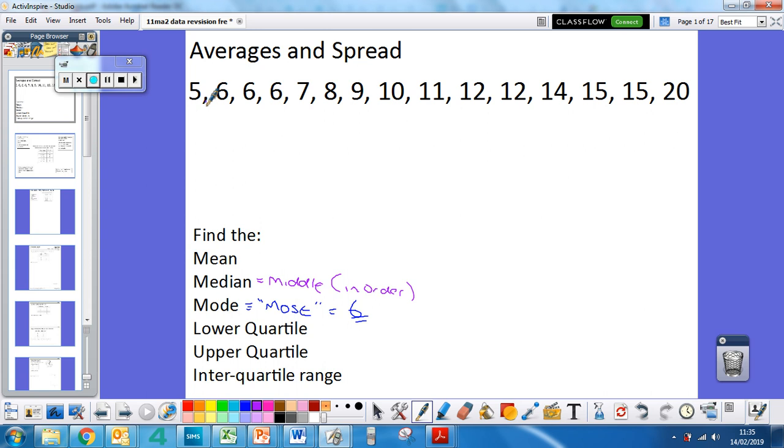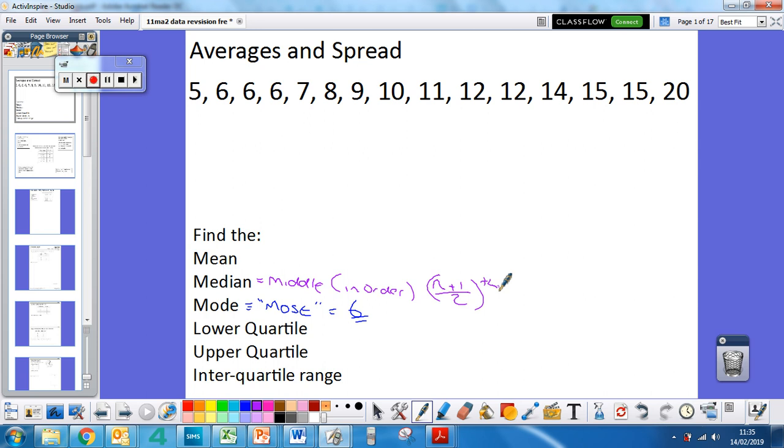The thing that we need to do when we're working out the median is use this idea of (n plus 1) over 2. That's how you find the middle. If you have a large data set and you need to find the middle, that's going to be helpful for you.